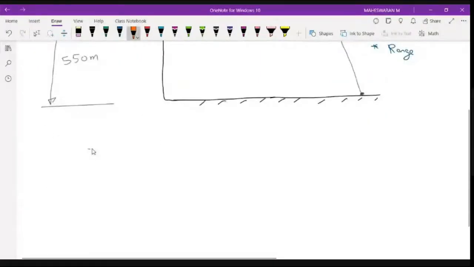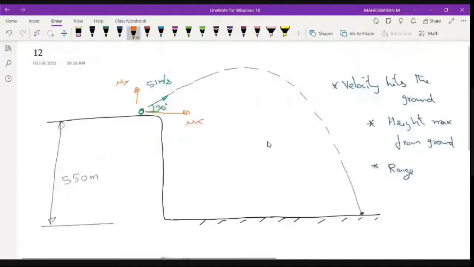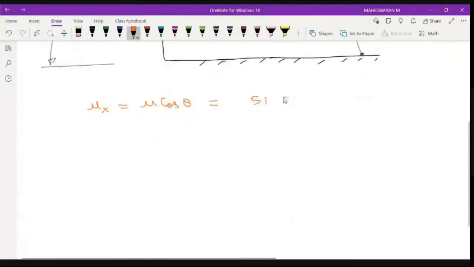So ux is u cos theta, which is equal to 51 cos 30 degrees. What is the value we are getting? 44.167 meter per second.